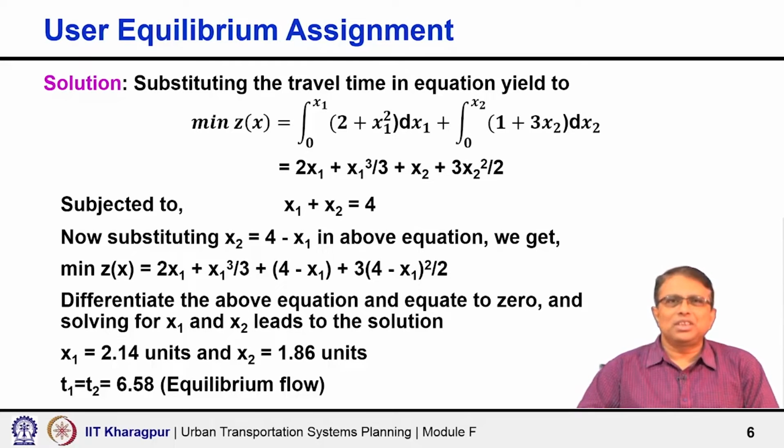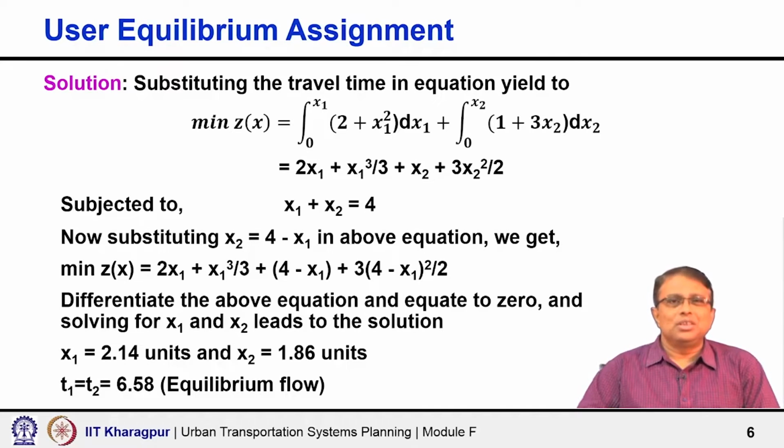So, you find the minimum. I know the z value, I can differentiate and make it 0, and that tells me x1 equals 2.14 and x2 equals 1.86.